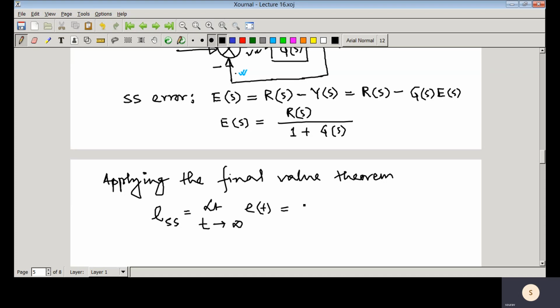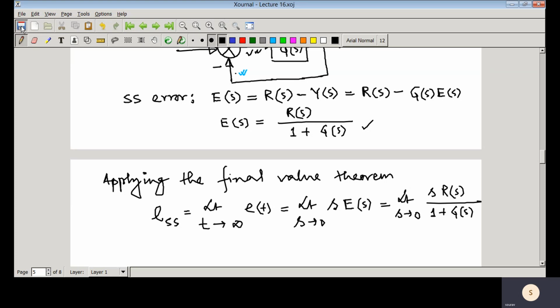So that means if you apply the final value theorem here, that is limit s tends to 0 of s E(s). So now we get that E(s) is this one, so that is limit s tends to 0 of s, and in place of E(s) I am writing R(s) divided by 1 plus G(s).